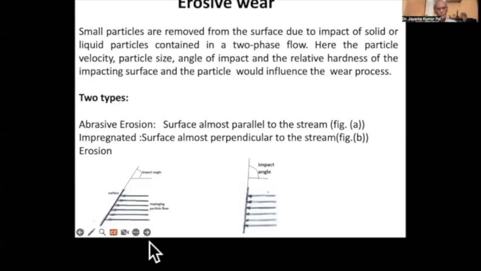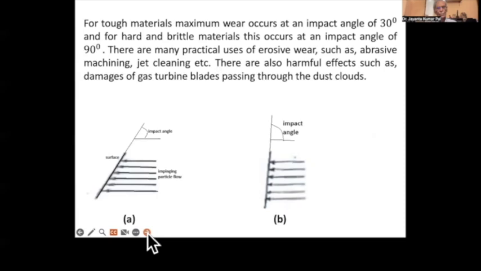But then there are many details available, but I'm giving only one detail. That is, for tough materials, the maximum wear occurs at an impact angle of 30 degrees.